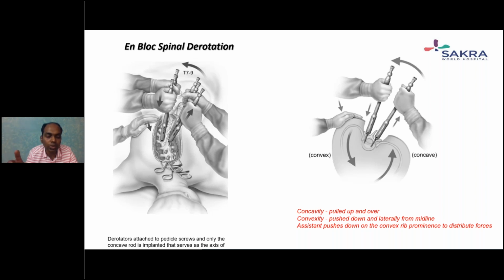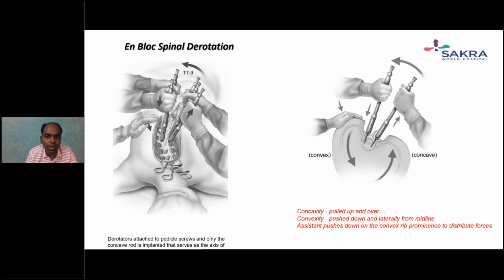Here, the vertebra is derotated by the principle of en bloc spinal derotation, where the derotators are applied on the convex pedicles and the rod is placed on the concave side, and the vertebra rotates with the axis of rotation at the concave rod. In this maneuver, the concave side is pulled up and the convex side is pushed down.